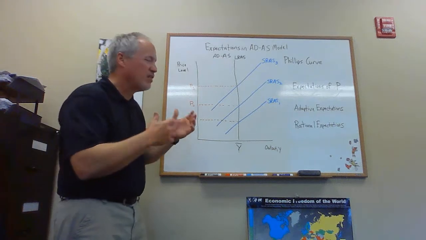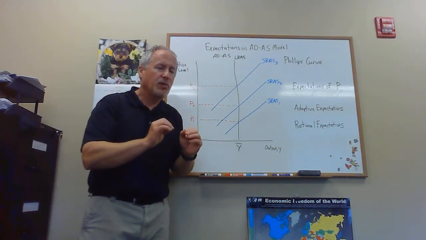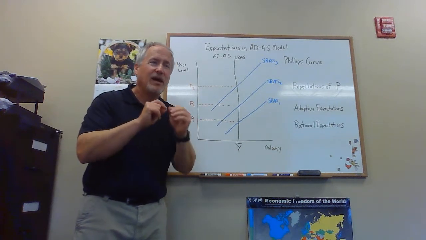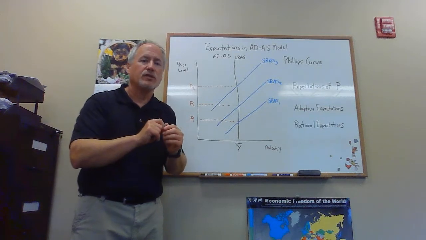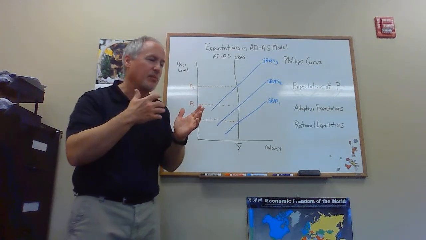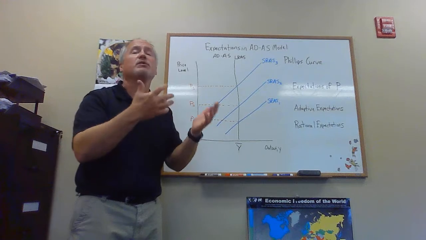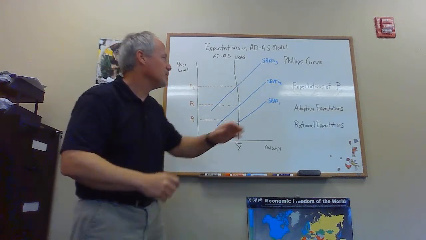So you can really think of every short run aggregate supply curve as based on a level of price assumptions, a price level that people assume is going to apply or expect to apply. And that gets to the term of expectations.